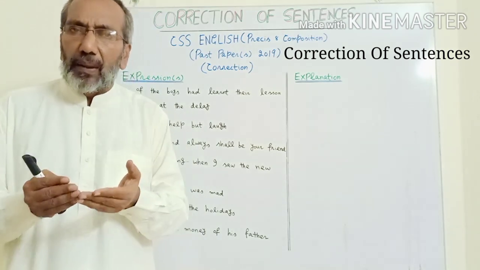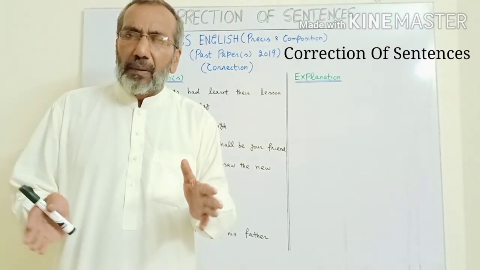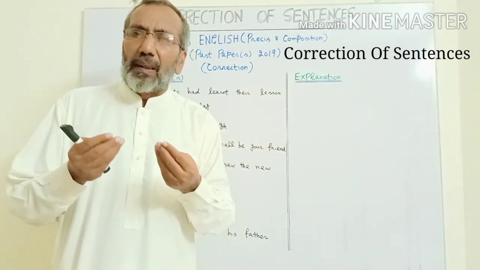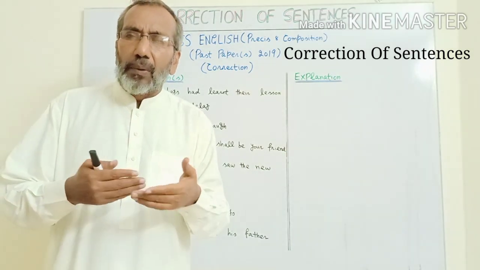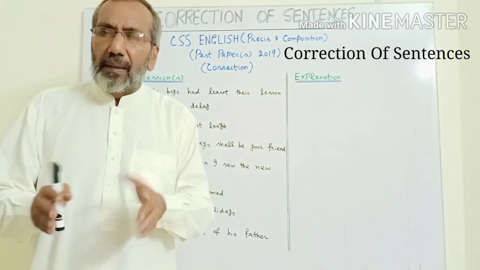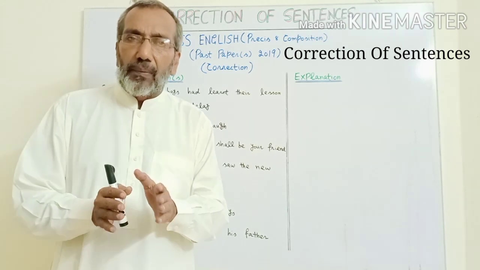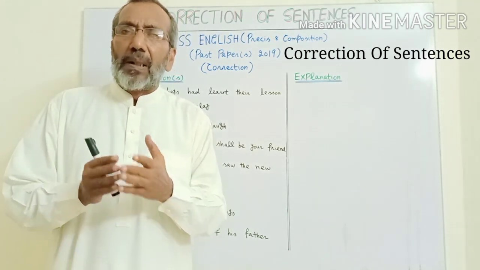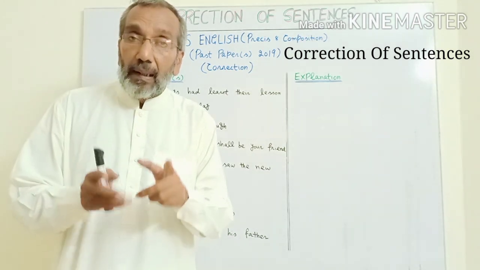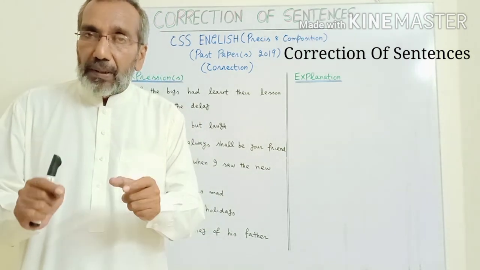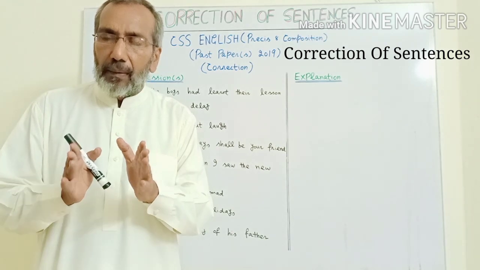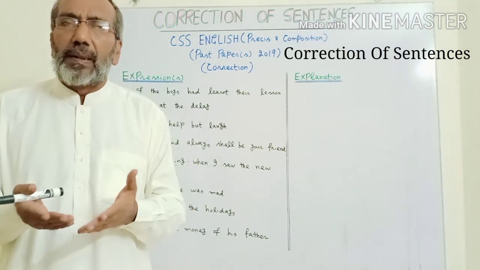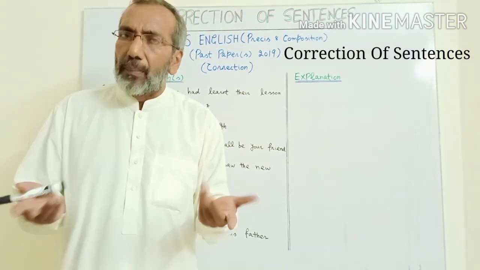Suppose out of 25, even if your precis is very good, at the maximum you will get something like 13 or 14, not more than that. The same is the case with comprehension. Out of 20, at the maximum you get 12, sometimes 13, if your comprehension is really good. Otherwise, most of the students just get something like 2, 3, 4 marks.